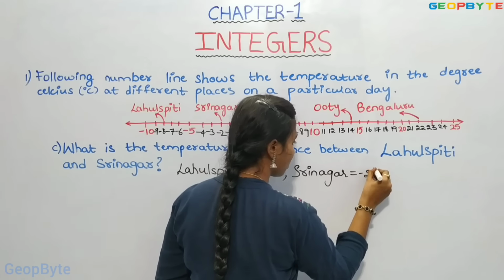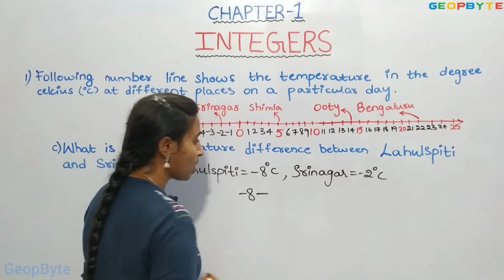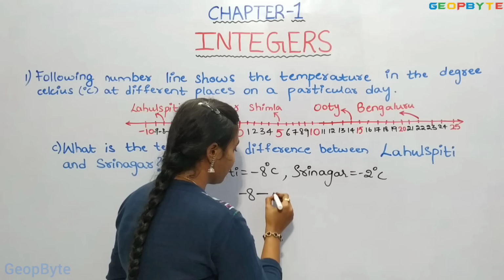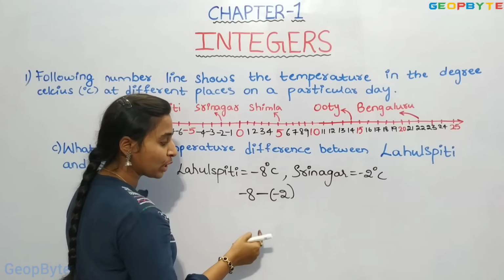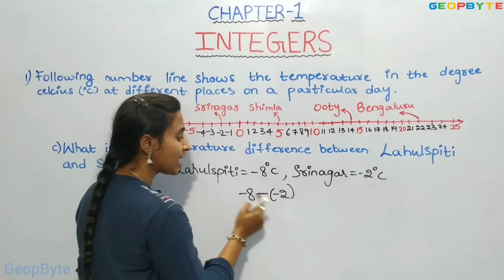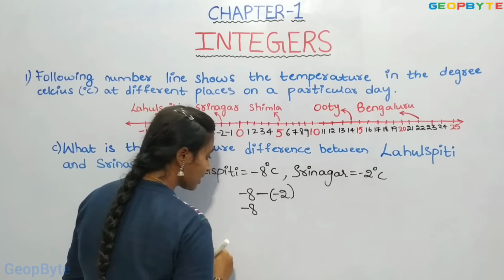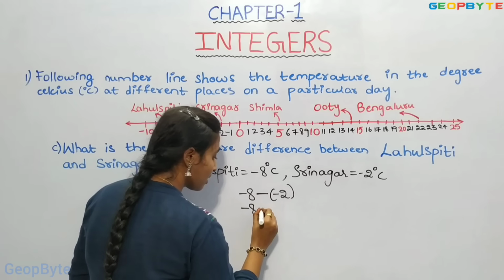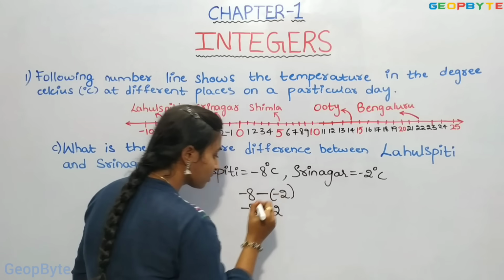They asked to find out the temperature difference. Difference means we need to subtract. -8 minus (-2). We need to put a bracket because two symbols are side by side. Now, write 8 as it is. Minus into minus is plus 2.